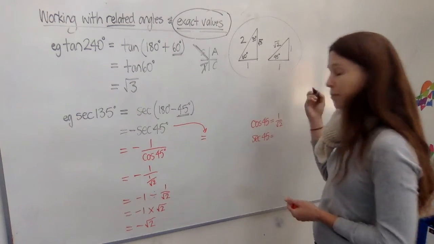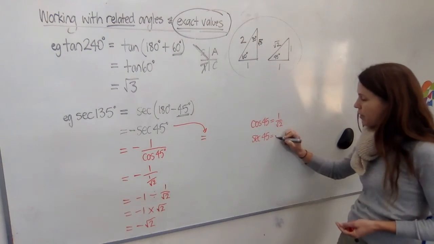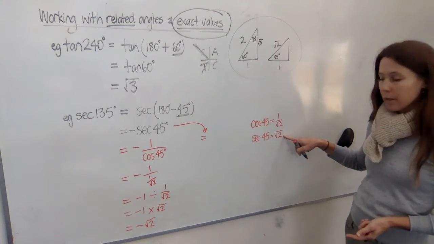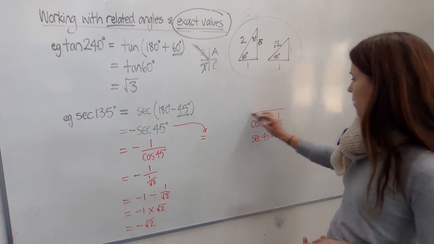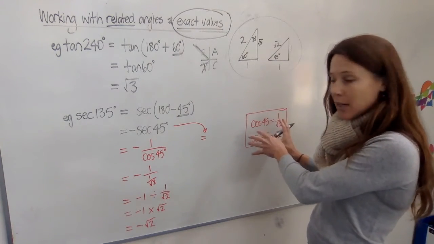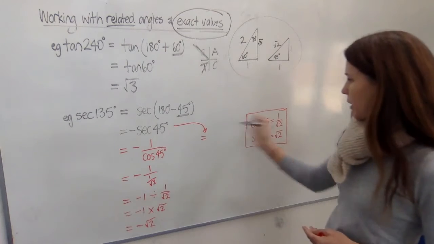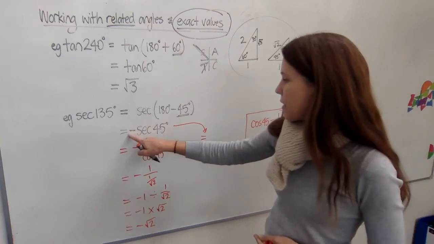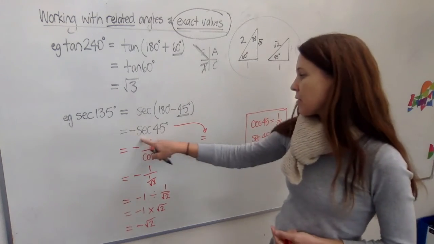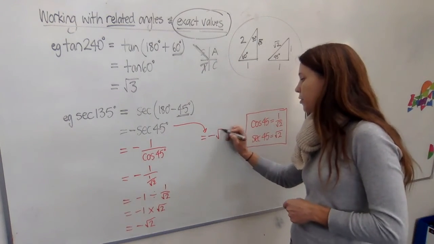The reciprocal or the multiplicative inverse, they all mean the same thing. Flip it upside down and you get root 2 over 1, which is just root 2, isn't it? So at that point, if I've done that bit of working over there, and I'd probably put it in a little box to show that's what I was thinking, make sure it's right near your question so they can see it, then negative sec 45, well if sec 45 is root 2, negative sec 45 is negative root 2.